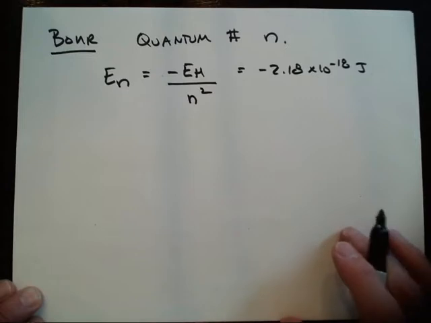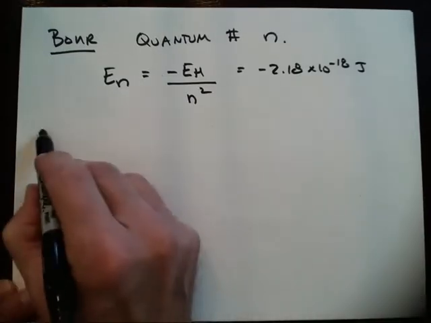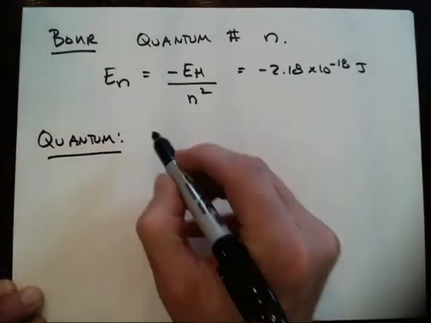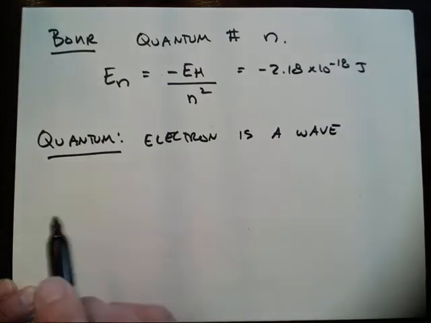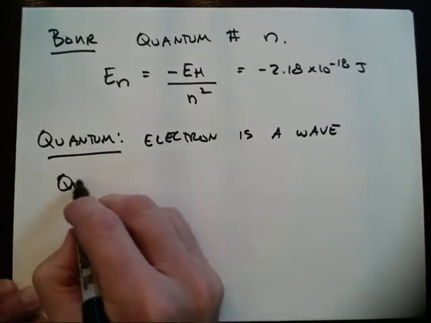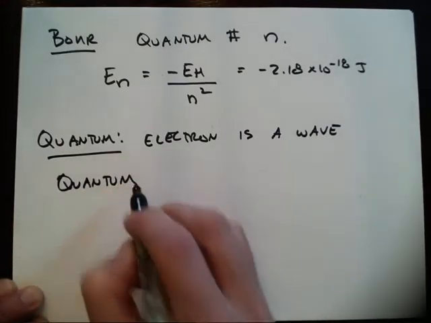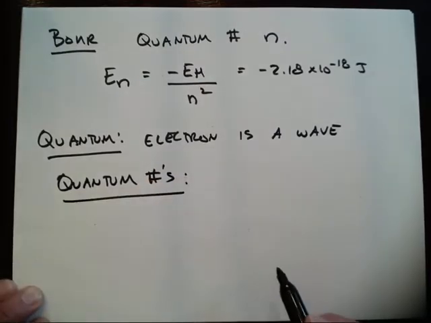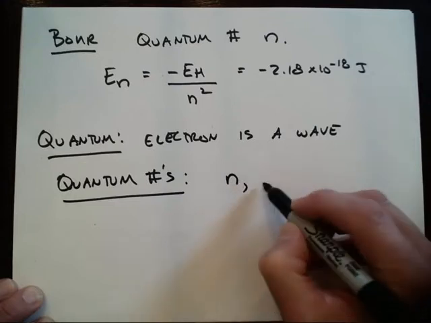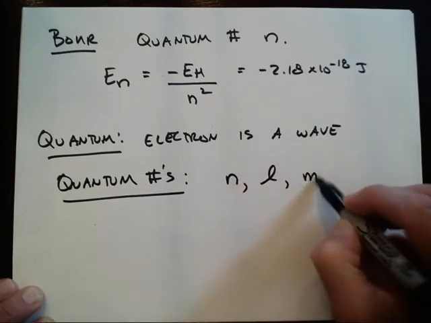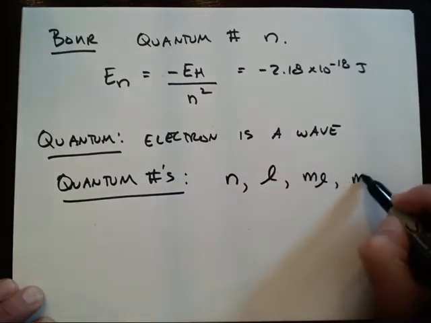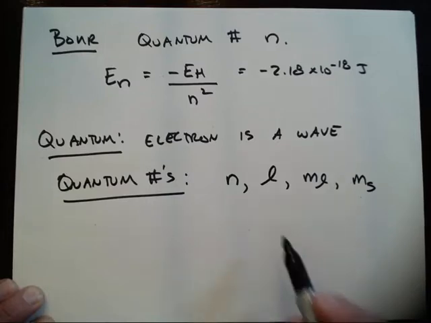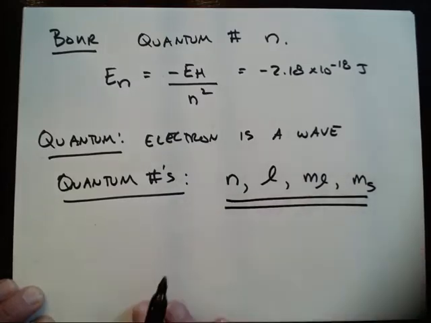In the quantum mechanical model, where we look at the electron as a wave, there are four quantum numbers that are required to describe how an electron behaves. And those four quantum numbers are n, l, m sub l, and m sub s. Now we'll describe each of these in turn.